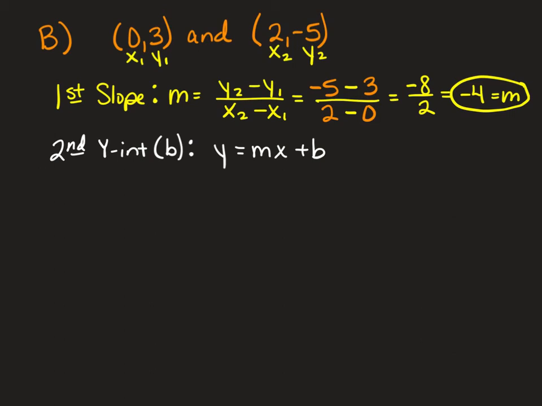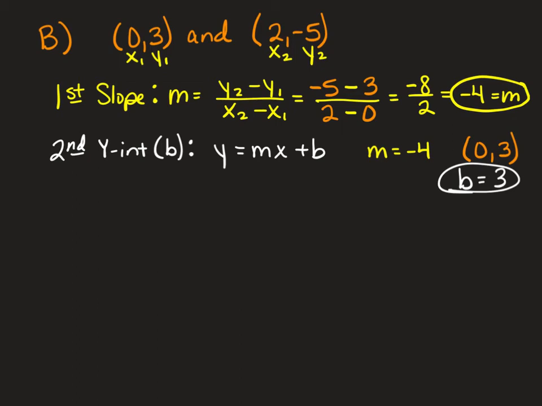We'll use the slope that we've already found. m is negative 4. And we pick one of those two ordered pairs. I happen to notice that first ordered pair, 0, 3, is a y-intercept. It's where x is 0. So in this case, we don't have any work to do. We were given the y-intercept. b is 3. So that's a shortcut here. In this case, we don't have to do any further work on that step.